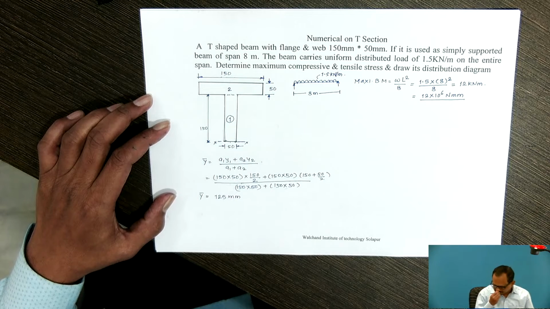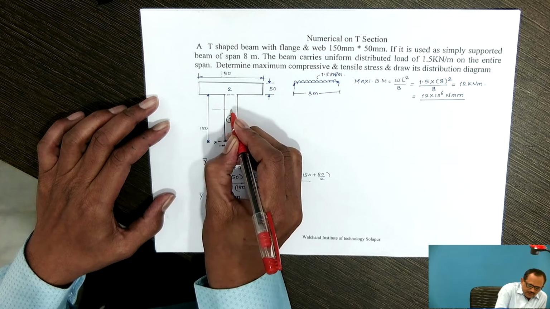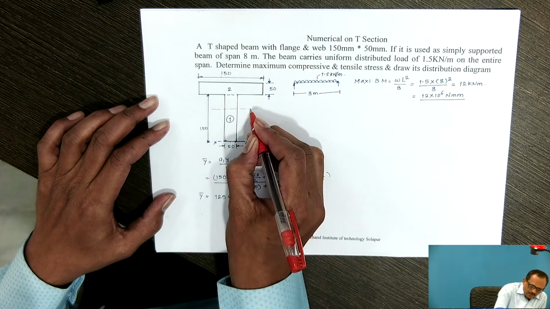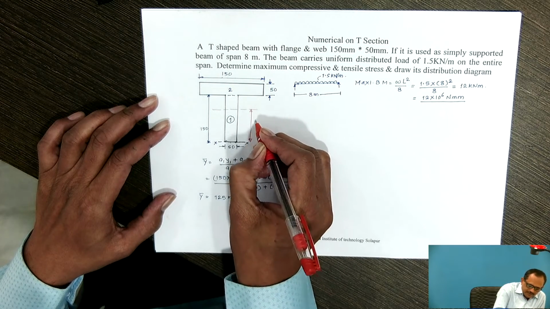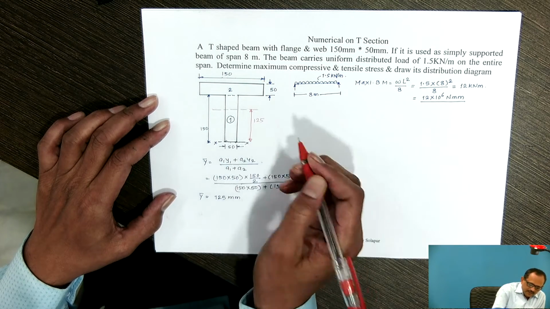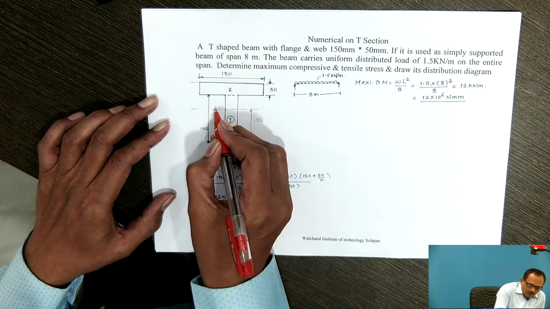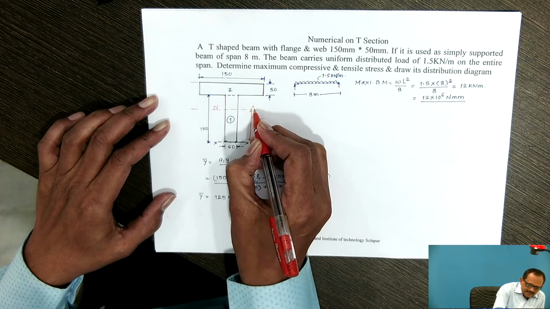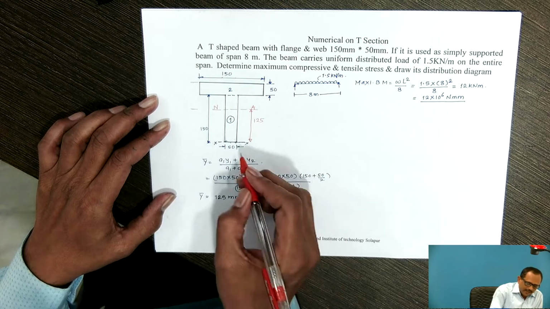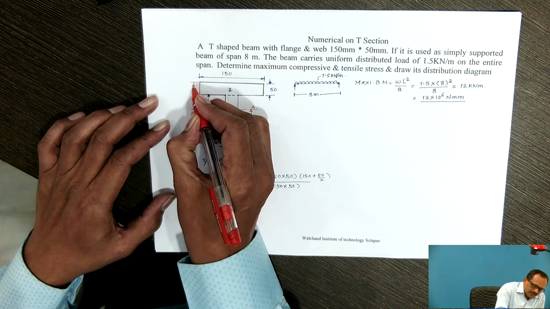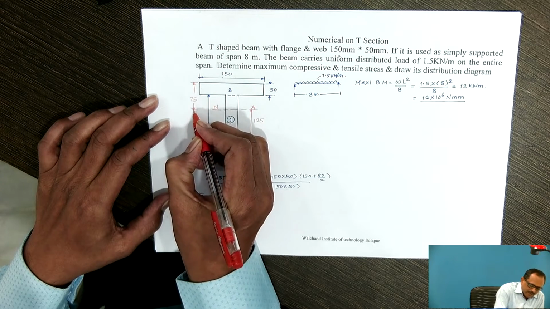So here the neutral axis will lie at a distance of 125 mm from the bottom edge, and similarly from the top edge you can calculate the position of the neutral axis: total depth is 200 minus this 125, you will get the position of the neutral axis from the top edge, that is 75 mm.